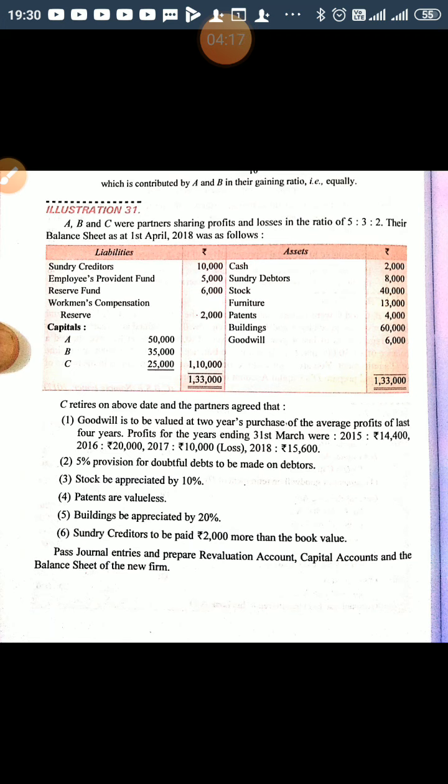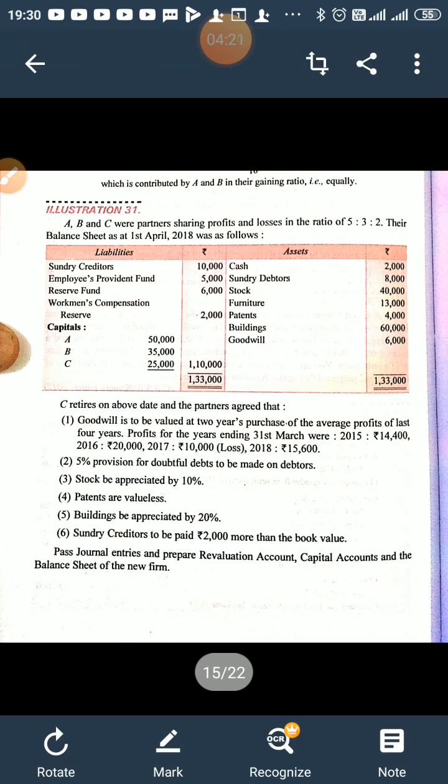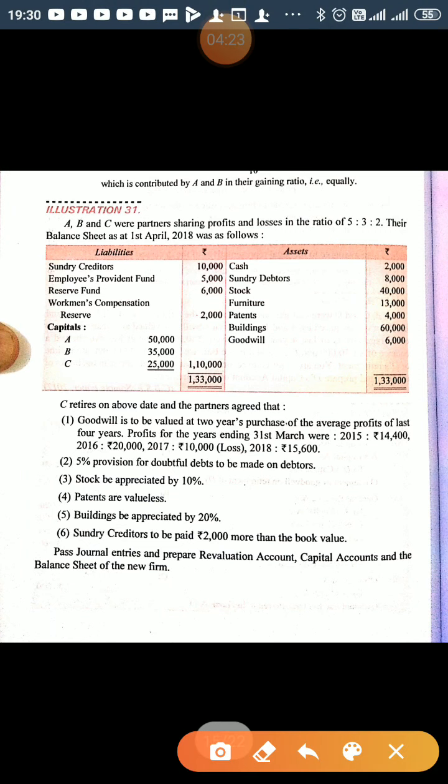So the new profit sharing ratio will be 5:3. And because nothing is mentioned about how they have acquired the share of C, the gaining ratio is also 5:3.